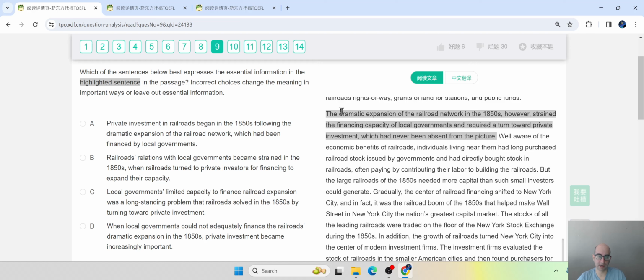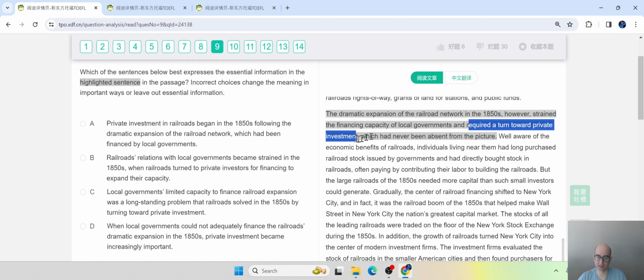So when I read the dramatic expansion in my head, I'll tell myself the big growth of the railroad network. And railroad network is kind of obvious, right? In the 1850s, in this decade, in this time, however, right, strained the financing capacity of local governments and required a turn toward private investment.